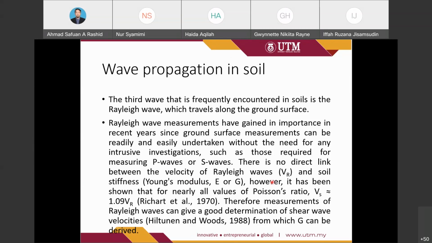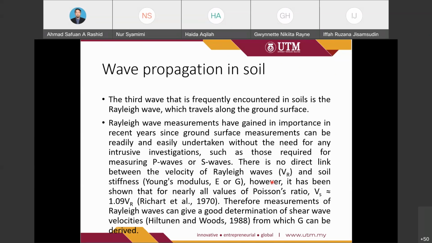From the Rayleigh wave, there are some equations that can be used to determine what we call the Young's modulus or the shear modulus. However, we need to convert it based on the Poisson's ratio.